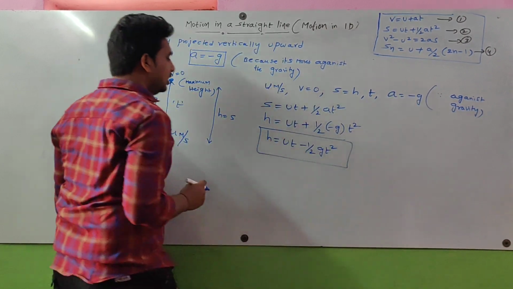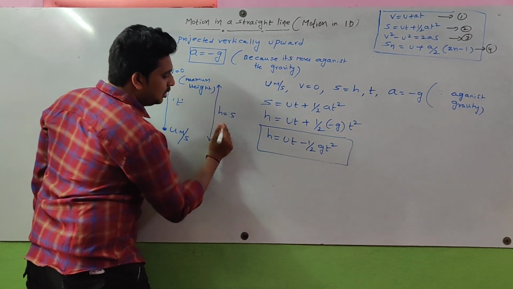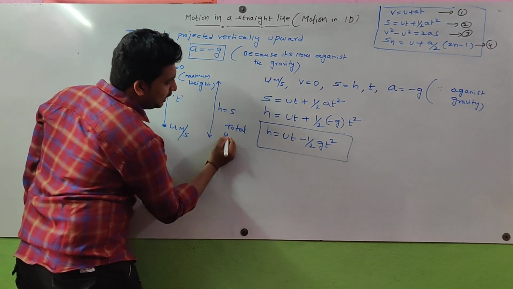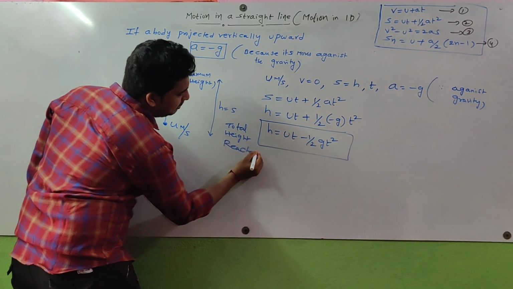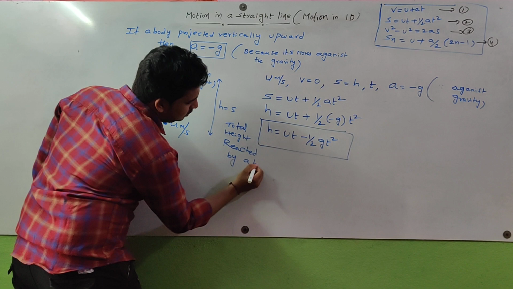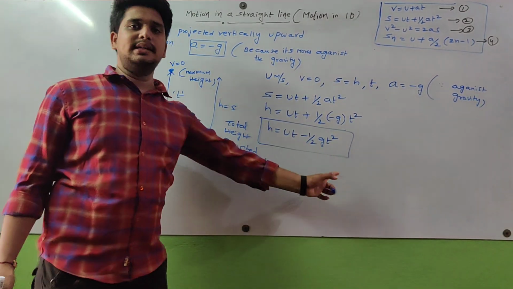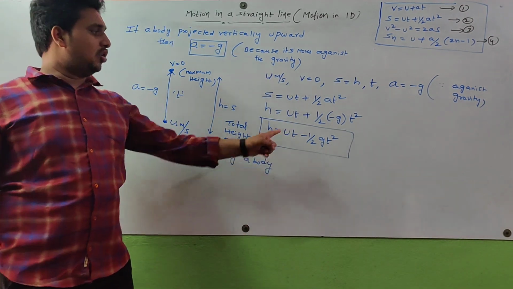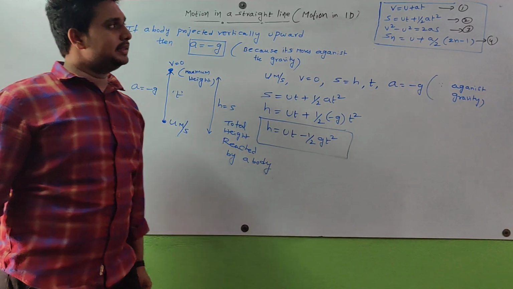That means the total height reached by body is h is equal to ut minus half gt square, because here body projected upward means you should take a is equal to minus g.